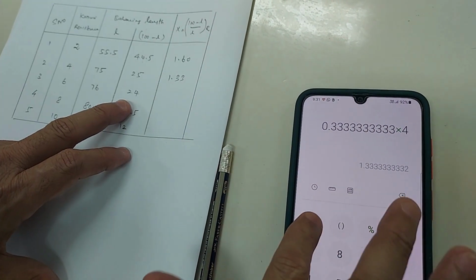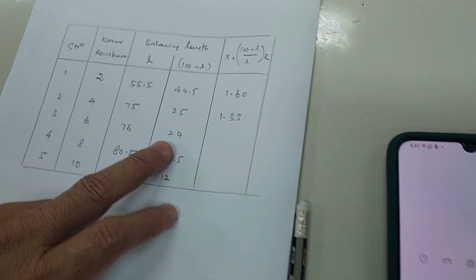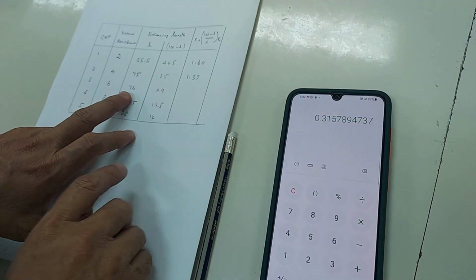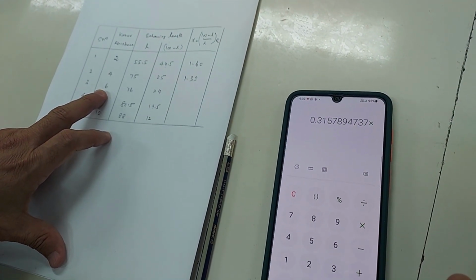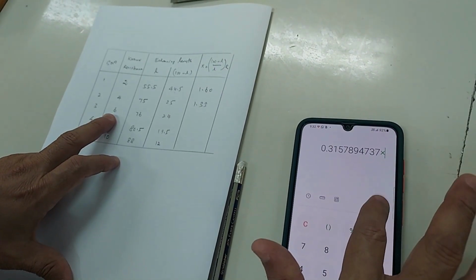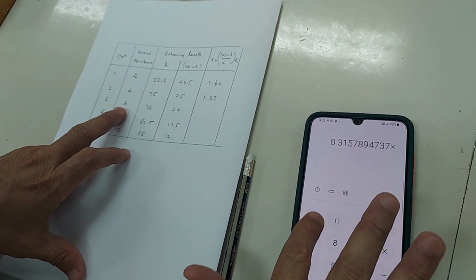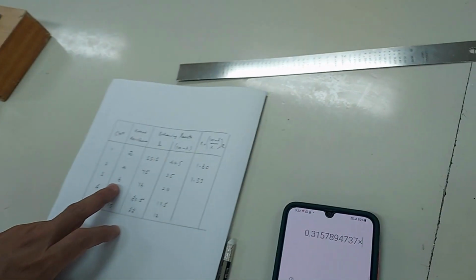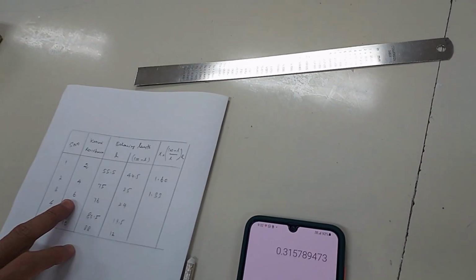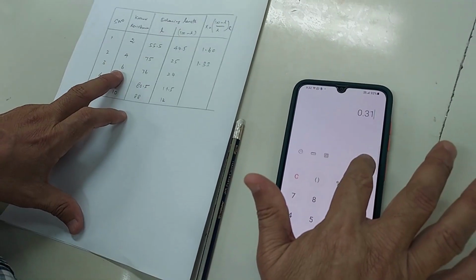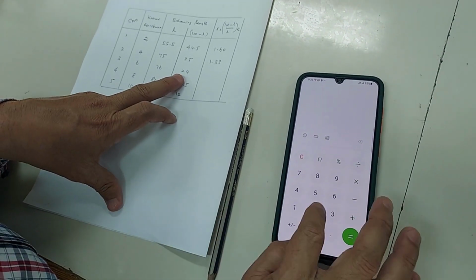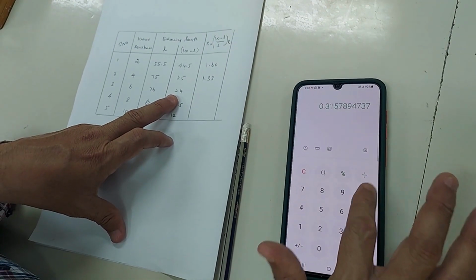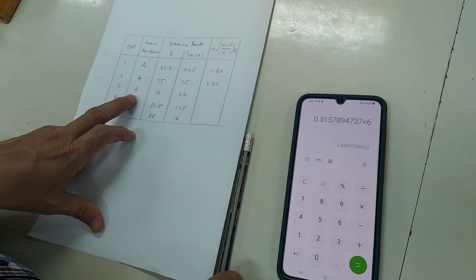Now the next value, 24 by 76 is 0.31 into 6. So I am doing 24 by 76, into 6, 1.89.